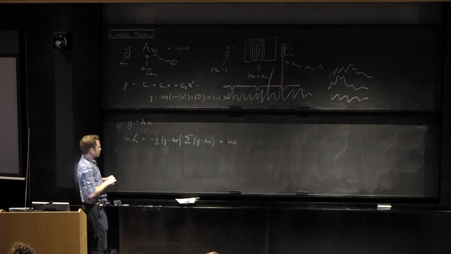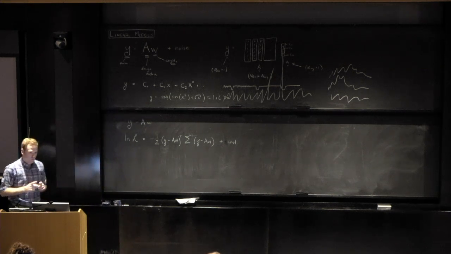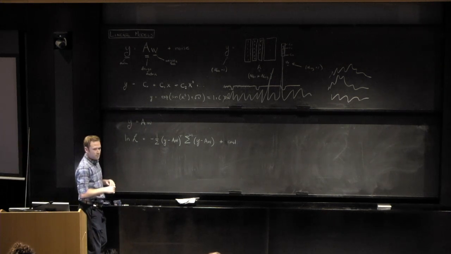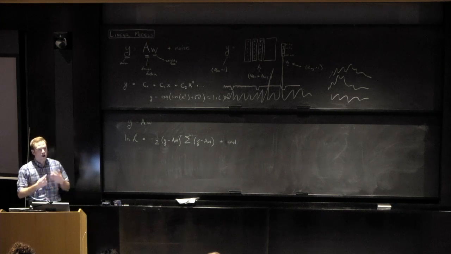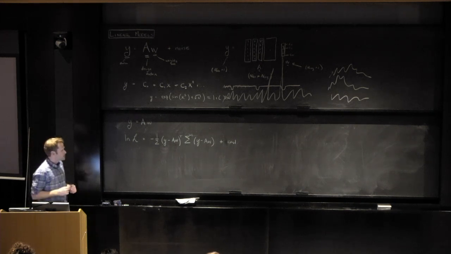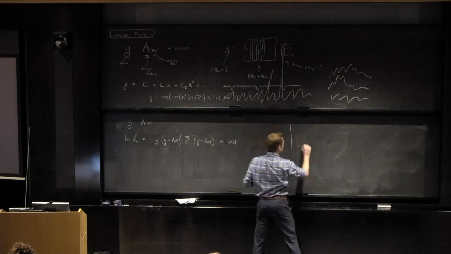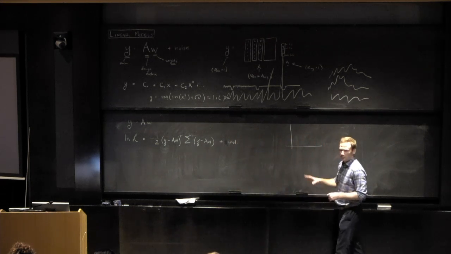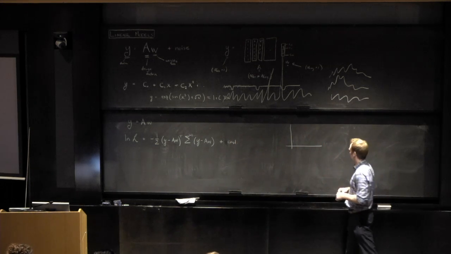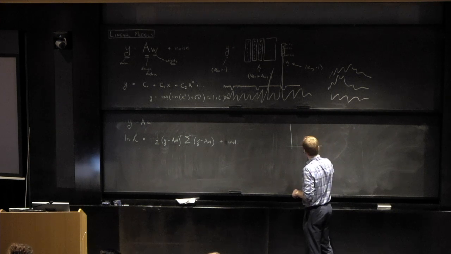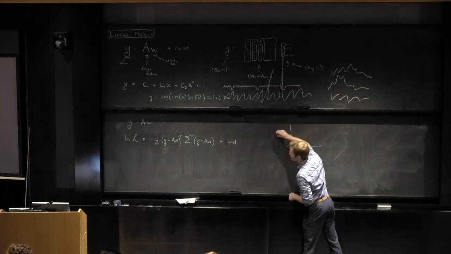Now, the cool thing about a linear model is that it's a convex model. And what that means is that we're trying to find the value of W. And remember, W is a vector, but since I can only plot things in 2 dimensions, it's a scalar here. So say this is W, and say this is the log likelihood.